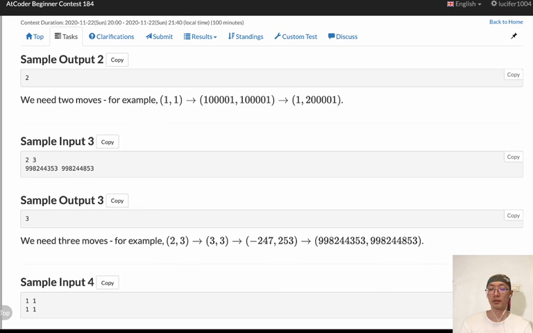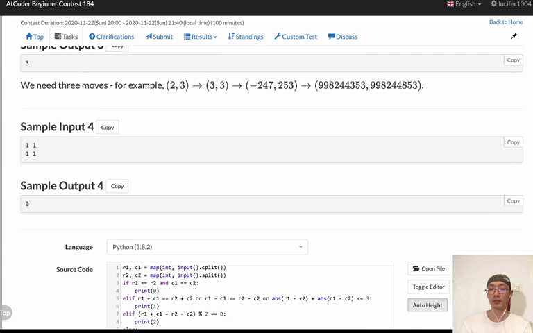And in the third example, we first move using neighbors, then we use this diagonal, then this diagonal. In the fourth example, R1 equals R2 and C1 equals C2, so we don't need any moves, and the answer is 0.